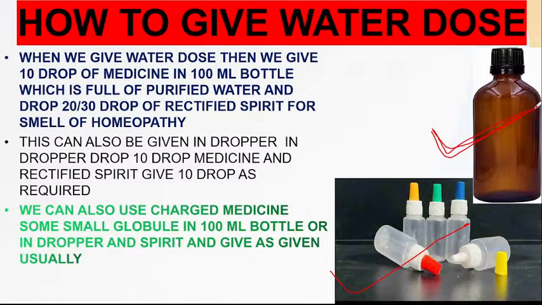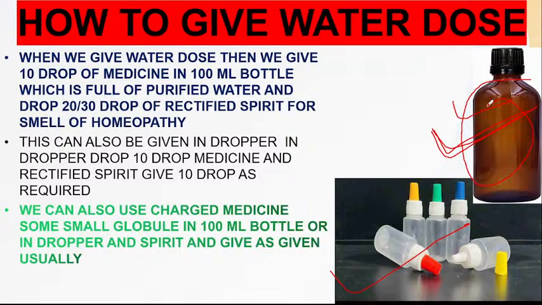In this, you can give the medicine in two ways. Either put some drops of direct dilution in this bottle, or you can put one or two globules of the charged medicine. We have prepared the charged medicine, so from that charged medicine, one or two globules are put in this 100 ml bottle, and then clean water.